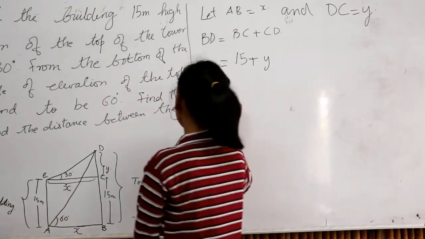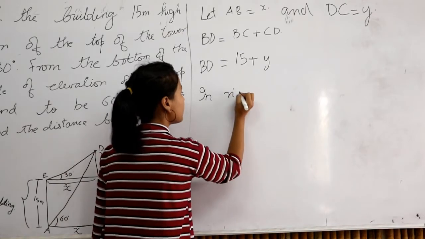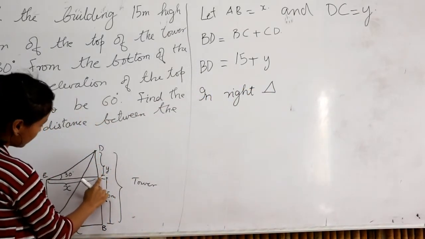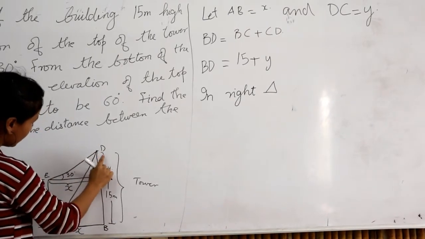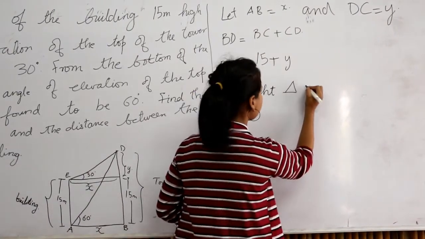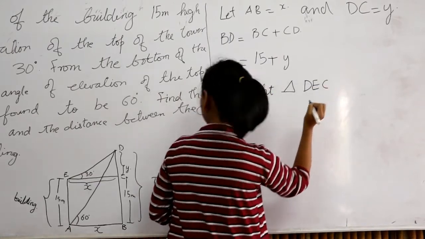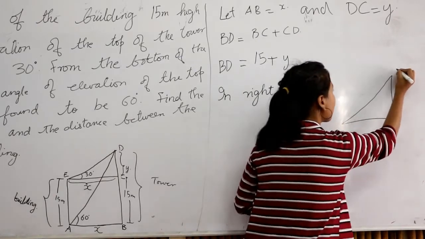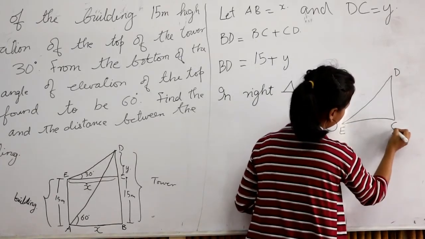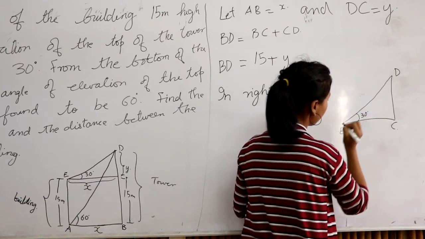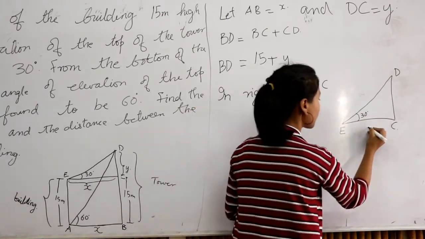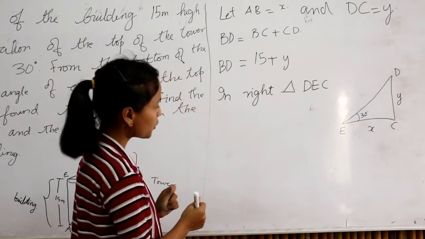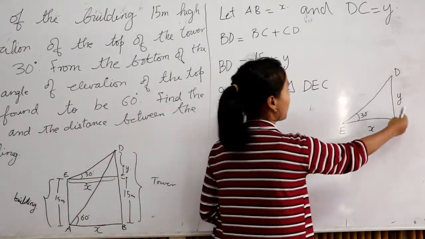Now, in right triangle DEC, here is 30 degree. EC here is X and DC here is Y. From trigonometric ratios, tan theta is given by perpendicular by base.